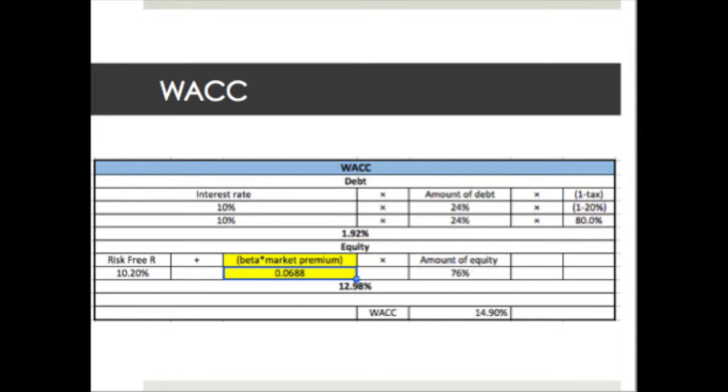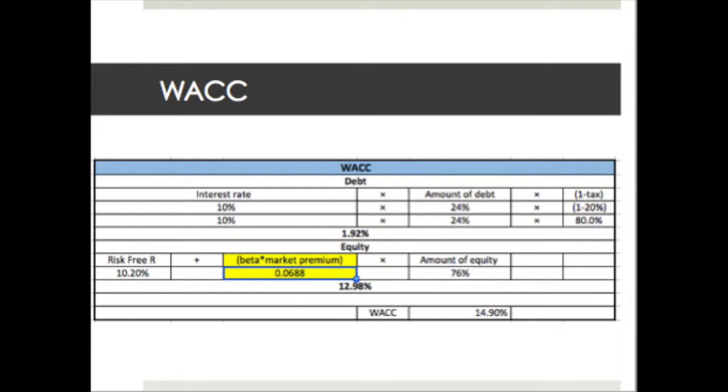The second part is the equity part. It is calculated by getting the risk-free rate and adding it to beta times market premium, times the amount of equity. The risk-free rate is 10.20%.